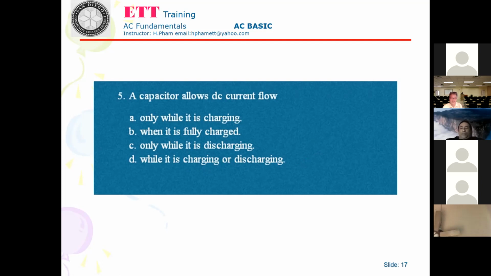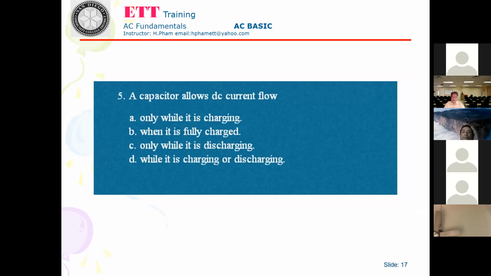A. You understand, basically what we're learning: a capacitor will be DC blocking, AC coupling. What does that mean? That means they do not allow DC current to flow through the capacitor, but they allow the AC signal to pass through it.